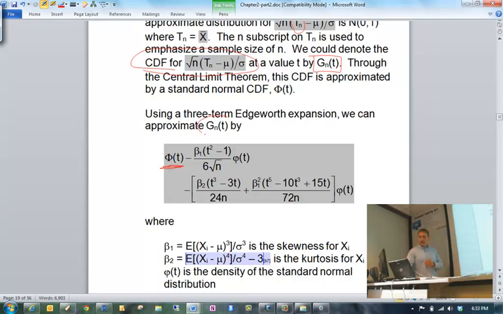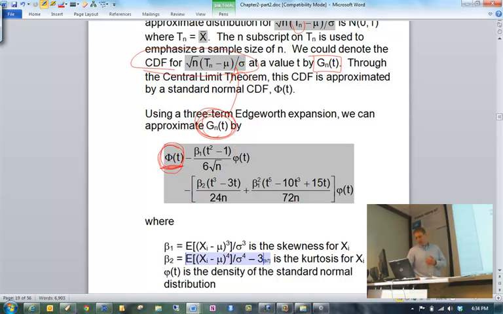So again, G_n(t) is the CDF of this quantity up here. What you learn from the central limit theorem is that it's the standard normal CDF. But one can keep on going and look at additional terms in the corresponding expansion to this distribution.